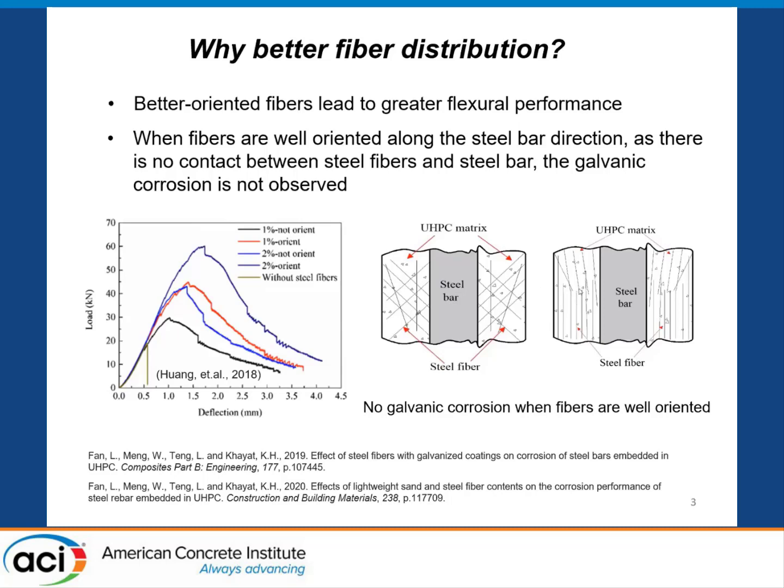If you didn't orient the fibers well and they contact the steel bar, there are two kinds of metals. When they are electrically connected, there will be galvanic corrosion there. So this is why it is recommended, when we cast this kind of specimens or structural elements, that it's better to orient the fibers well.